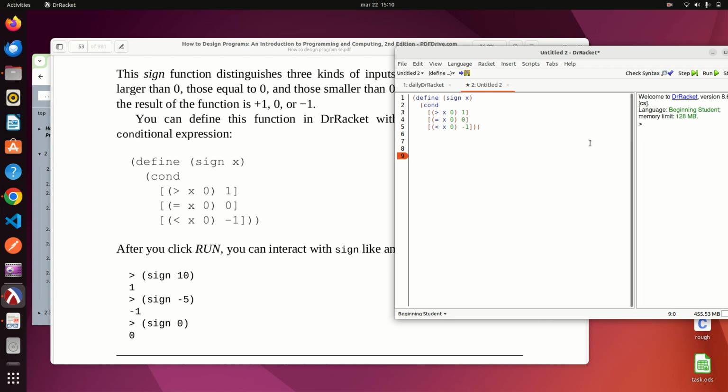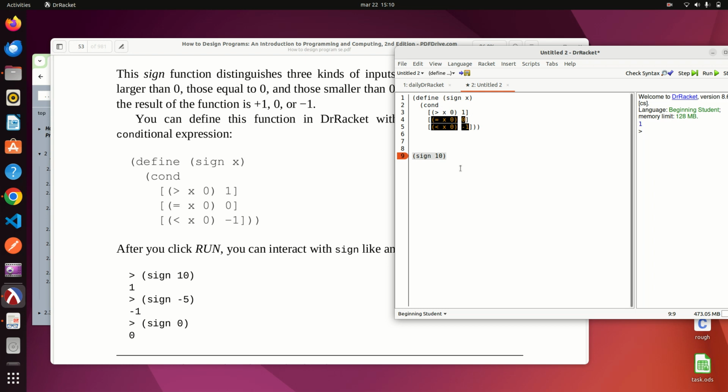So now let's run it. Sine 10. So 10 is greater than 0, so we get the output 1. This one runs, and I think the other two are highlighted black because they don't run, so the function stops here.